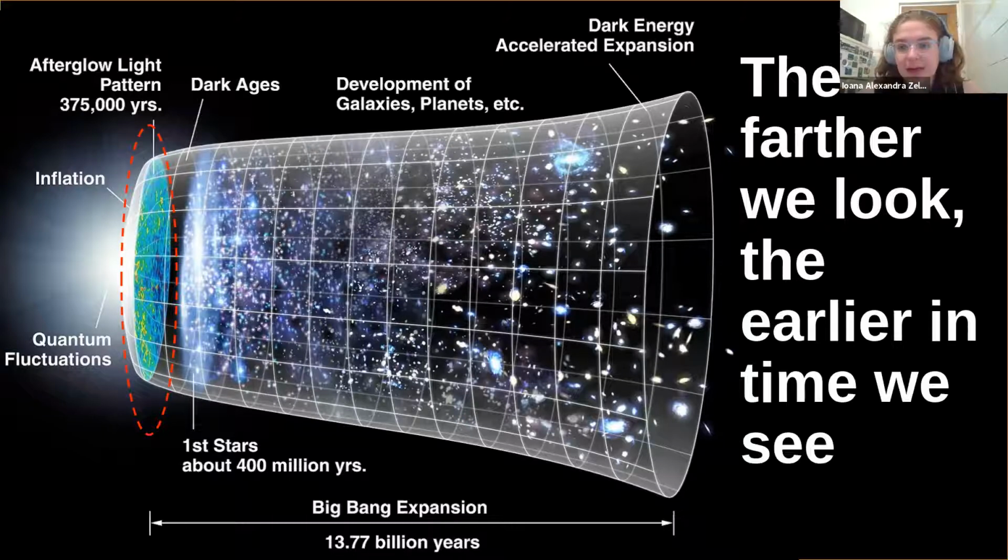And we can get a glimpse even of details that happen before this radiation by looking at its properties, such as validating the Big Bang theory, also known as the inflation theory, which is still a theoretical result so far.